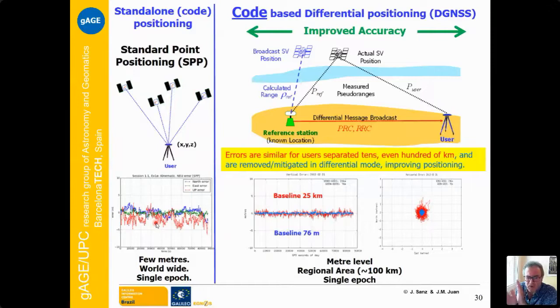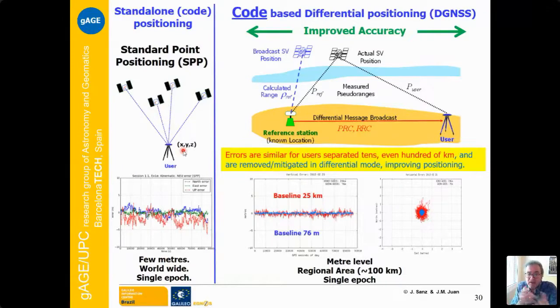The current epoch is disconnected from the previous. We are not using information from the previous epoch. This has been computed using least squares, just computing an independent solution every epoch. Few meters, single epoch, worldwide. There is no limitation in the user location.